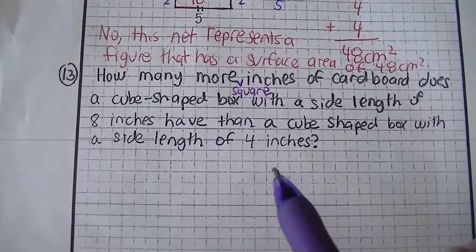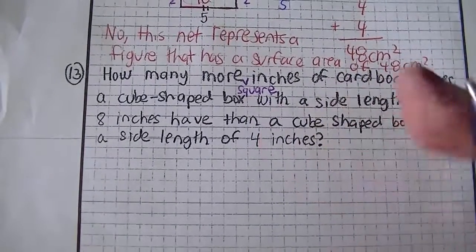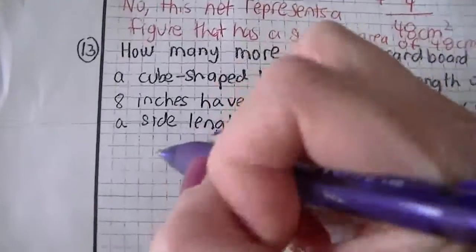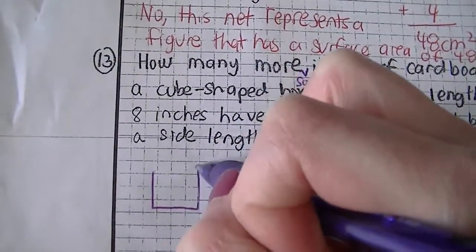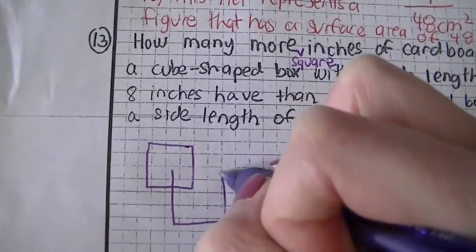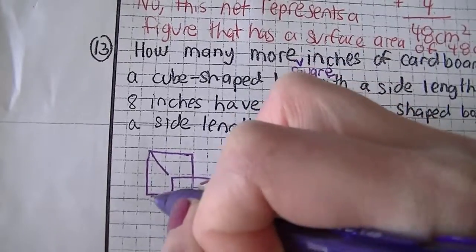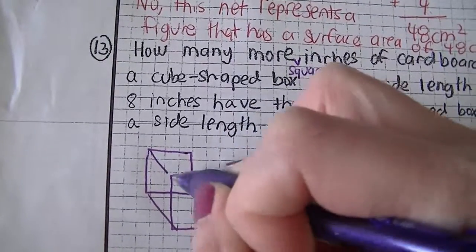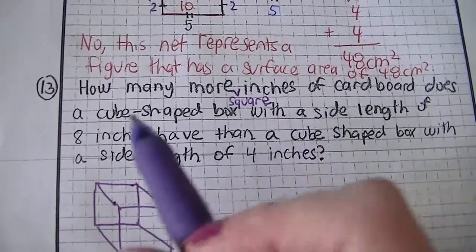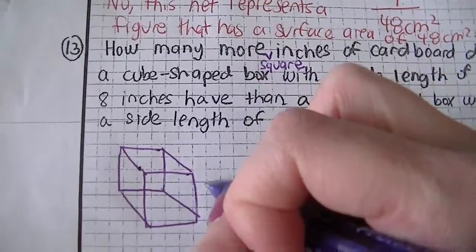For me anyway, I need to make sure I draw kind of like a sketch. I'm kind of a visual learner, so I need to see a picture of this. So I know cubes have the same side length, so pretend this is a cube. And we know that all the side lengths are exactly the same. So I'm going to start this one out by labeling it 8 inches.